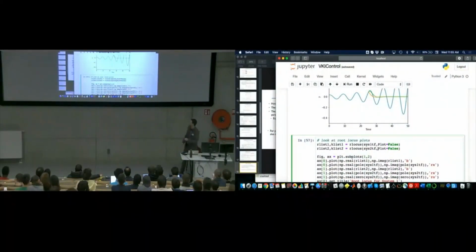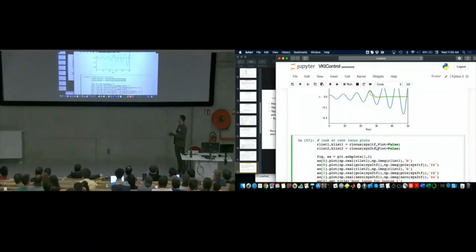So once again, it's sort of a one-liner in Python or MATLAB. We have an inbuilt rlocus command. And it will either output the plot itself automatically if you have plot equals true.